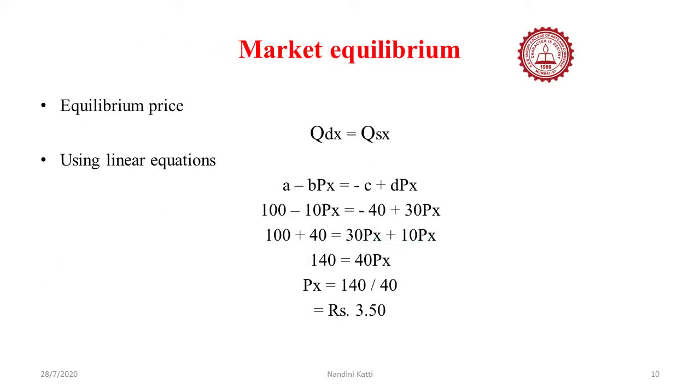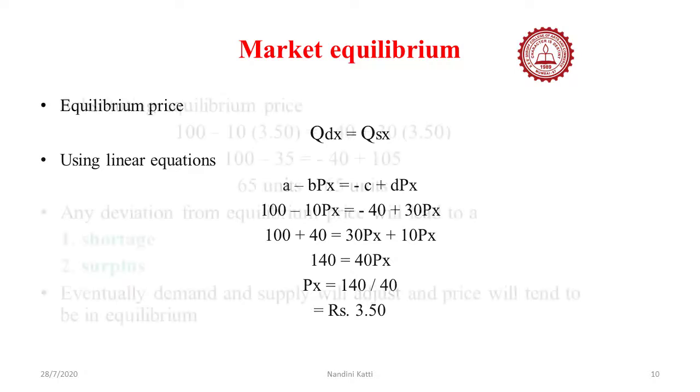To establish market equilibrium, we require the demand side and the supply side to be equal to each other at a certain price. In other words, the demand for and supply of the quantity of commodity X must be equal at a certain price. In the above equations, when we substitute the values, we arrive at an equilibrium price which is rupees 3 and 50 paise.